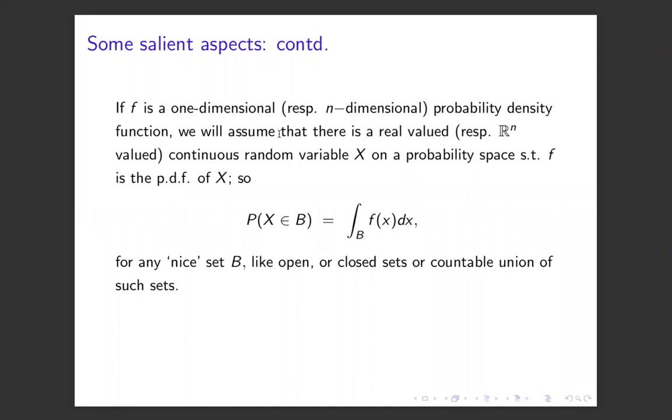So here, coming to the situation at hand. If f is a one-dimensional probability density function, then we will assume that there is a real valued continuous random variable X on some probability space such that this function f turns out to be the probability density function of X. Consequently, one can write the probability of X taking value in a set B as the integral of this function f over the set B, where B is what is generally called a Borel set of the real line.